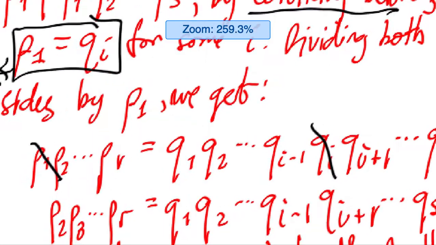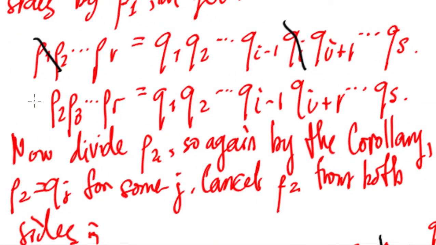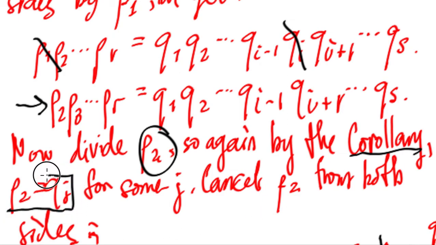We'll also do this with p sub 2. This is the last line. So now divide by p sub 2 this time. Again, by the corollary that we have shown, p sub 2 is equal to q sub j, for some j.